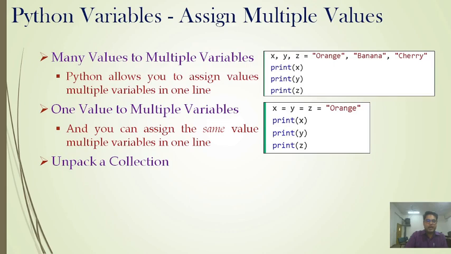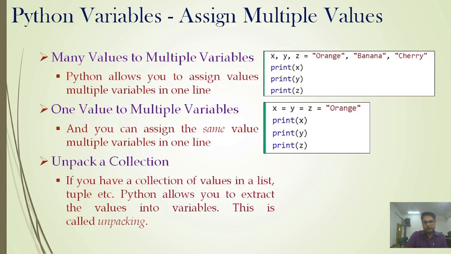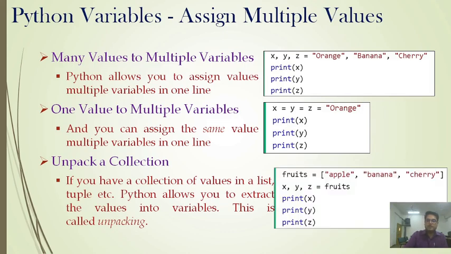Next is unpacking a collection. If you have a collection of values in a list, tuple, etc., Python allows us to extract those values into variables, and this concept of extracting is called unpacking. Here you can see there is a variable called fruits, and it has multiple values like apple, banana and cherry, and we want to extract those values.